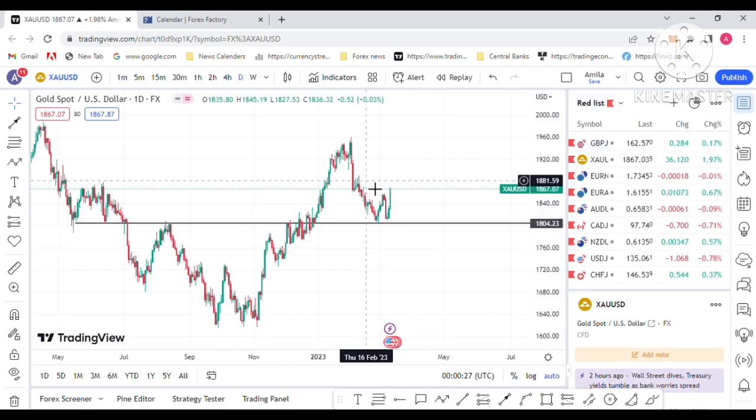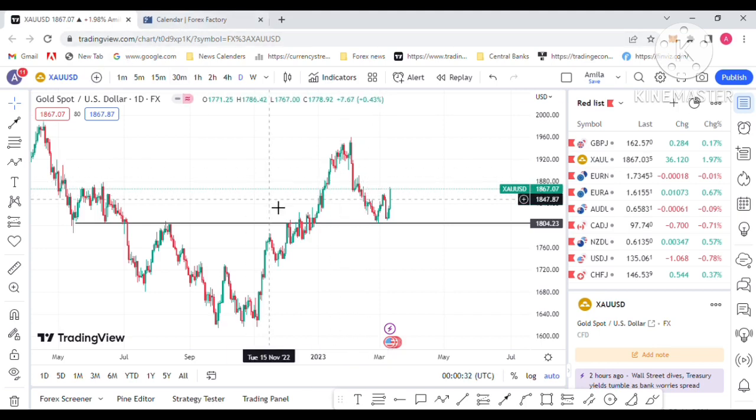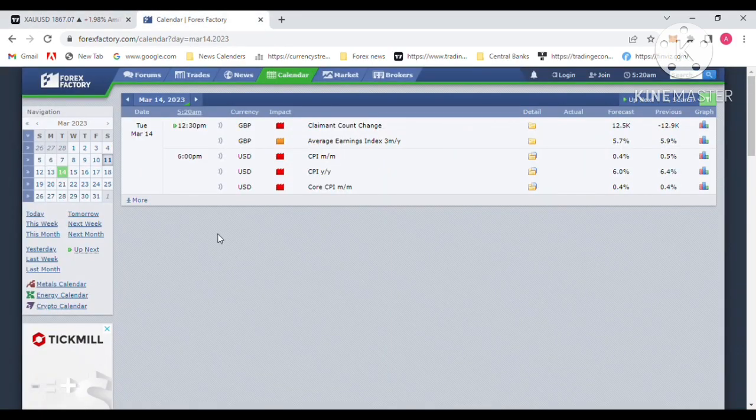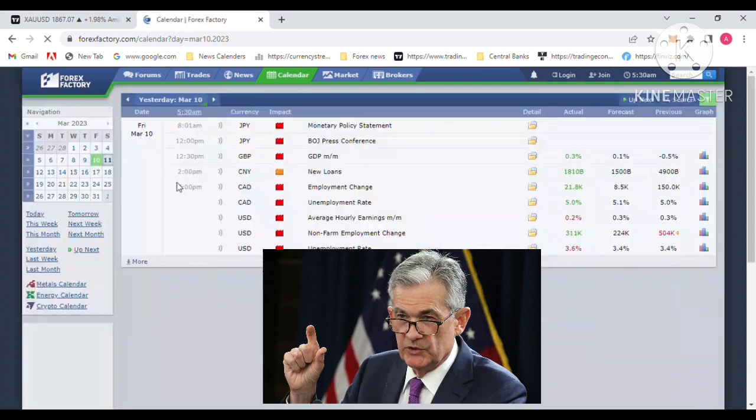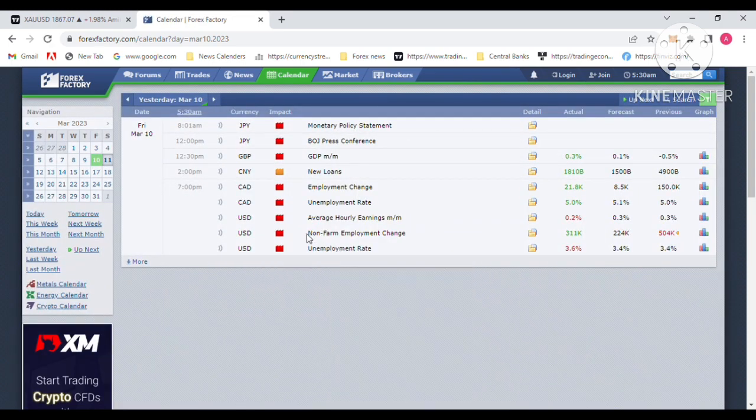That's the technical picture I have. Now let's move to what is going on in the economic data. Let's move to Forex Factory for last week's economic data for the US dollar and gold. There was a non-farm payroll last Friday. It was a 300 above figure, which was not positive for the US dollar because the previous month's figure was above 500k.